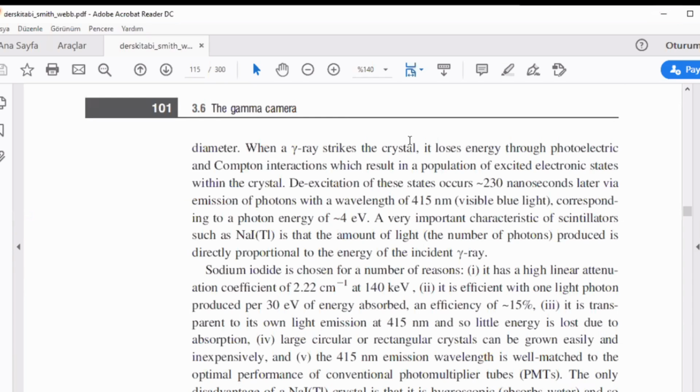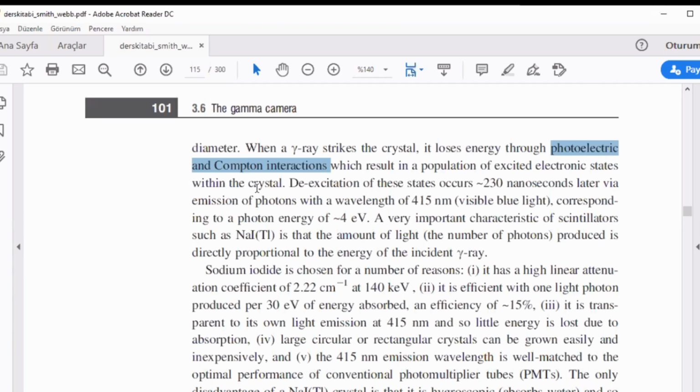When a gamma ray strikes the crystal, it loses energy through photoelectric and Compton interactions. We have seen these interactions in the previous week's lectures related to X-rays and X-ray tissue interaction, which is the same in gamma rays as well. The excited electronic states within the crystal decay roughly 230 nanoseconds later via emission of photons.